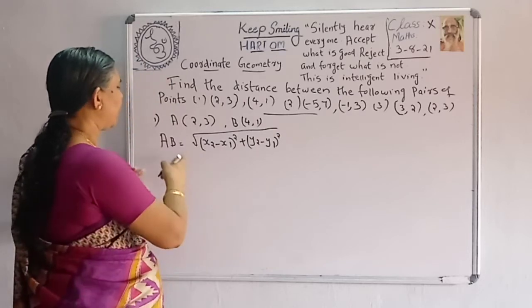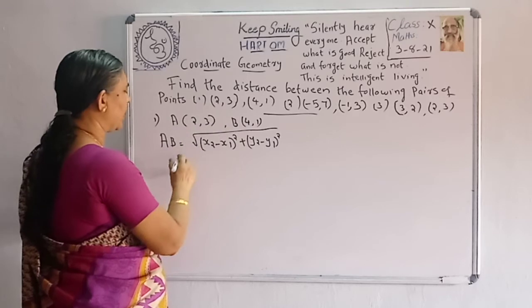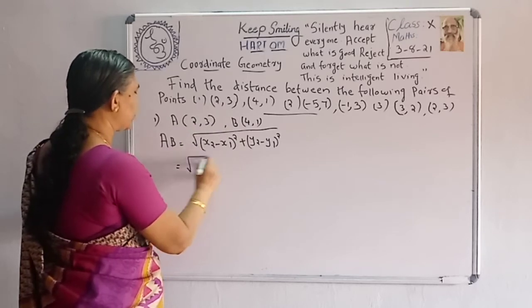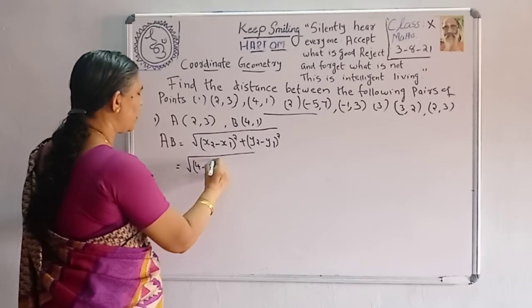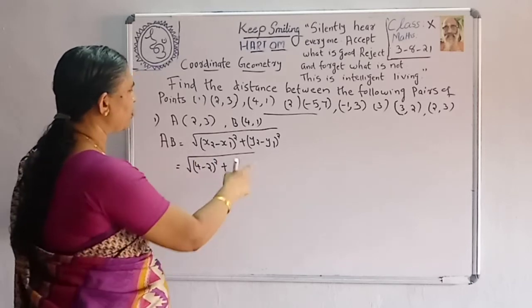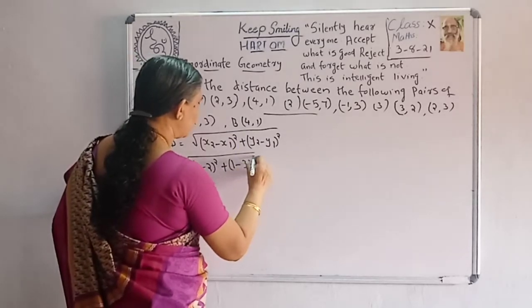Here, what is x1, y1? You can take x1, y1 as 2, 3 and x2, y2 as 4, 1. Then what is x2 minus x1 the whole square? x2 is 4, so 4 minus 2 the whole square, plus y2 minus y1, y2 is 1, so 1 minus 3 the whole square.